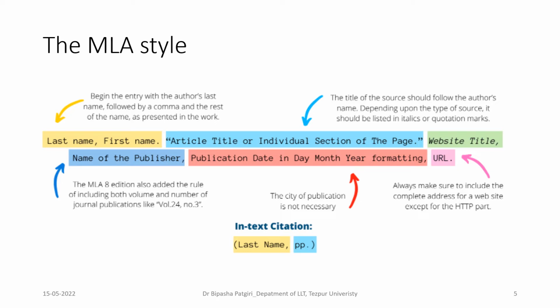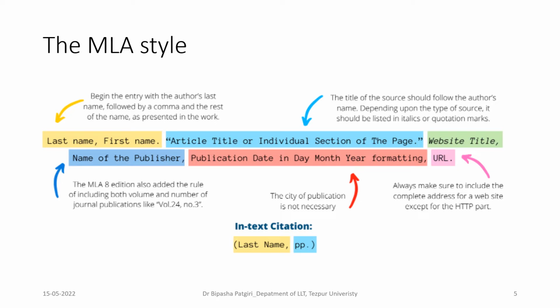But let's quickly have a look at the MLA style. In case of MLA style, in-text citation is in this form. So just the last name of the author and the page number, the actual page number from where you have taken that intellectual help, or the data or analysis, definition, anything. So MLA style is a little different from APA style.